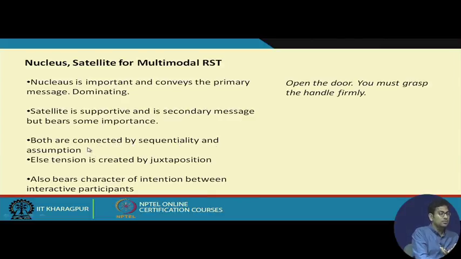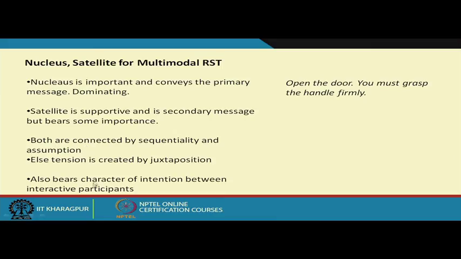In other words, rhetoric structure theory is dependent on sequentiality and assumption. There is a sense of sequentiality, and a certain kind of assumption comes into the picture, as you can see in the example, that there is a sequence of open the door, and for that you are asking some kind of action or satellite is subjugating that.